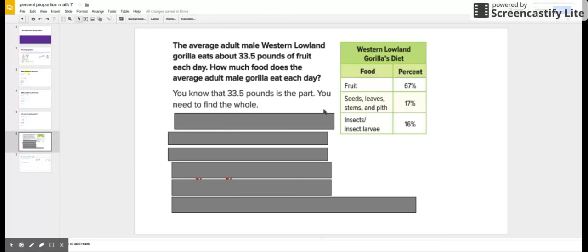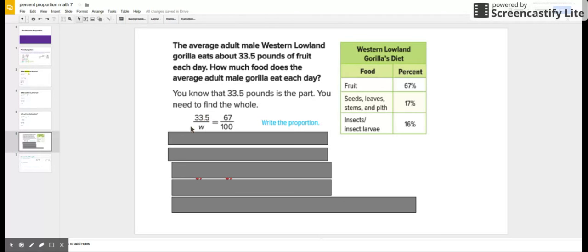So he eats fruit, he eats seeds and leaves and stems and whatever, and he eats insects as well. So 67% of his diet is this fruit, which is 33.5 pounds. So if 67% is the fruit, and 33.5 is also fruit, make 33.5 your part, because that's how many pounds he eats out of a total.